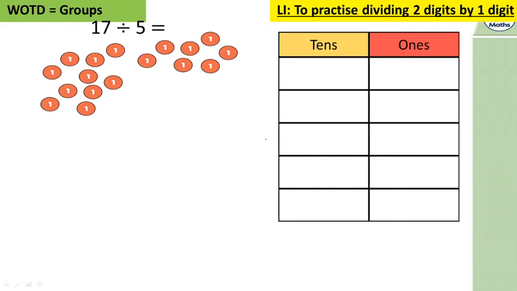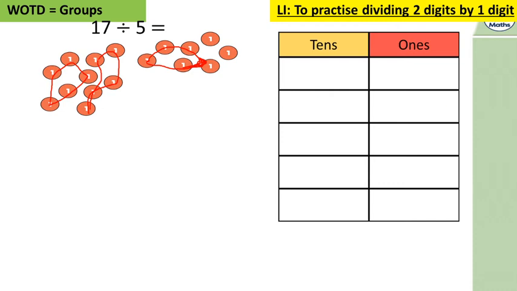So how many groups of 5 have we got there? So we can count 5s. So how many 5s have we got? So we've got 1 5. I'm just going to rub that out because you see here I've not gone over the edge. So let's see, 1 5, 2 5s, 3 5s, 2 left over.